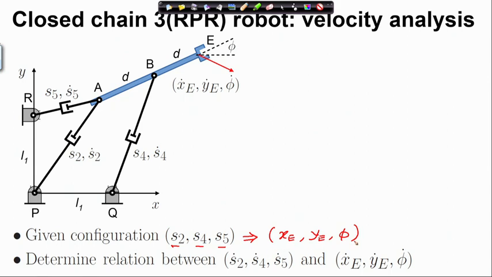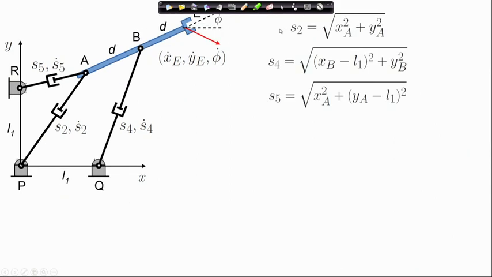Now, the velocity analysis requires the specification of the relation between S2 dot, S4 dot, S5 dot and x e dot, y e dot and phi dot. So, that is the velocity analysis problem. Now, we have derived these relations.